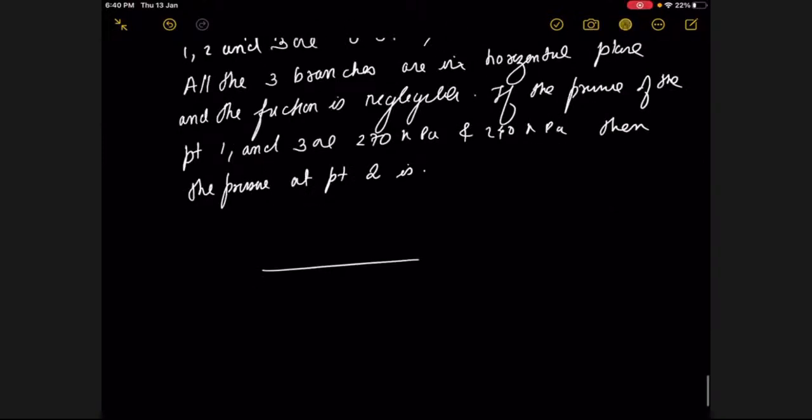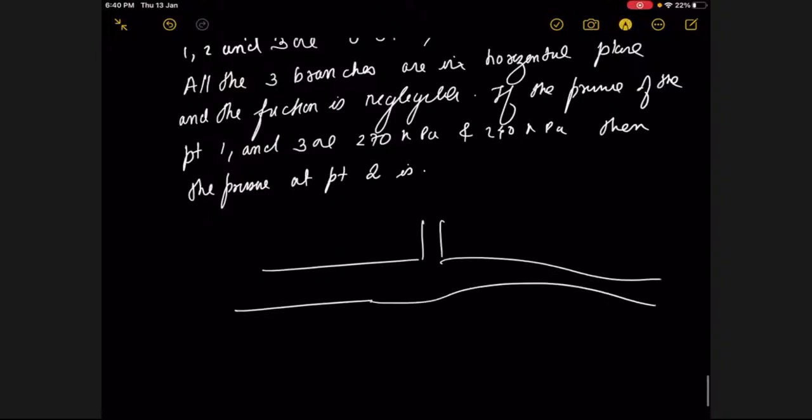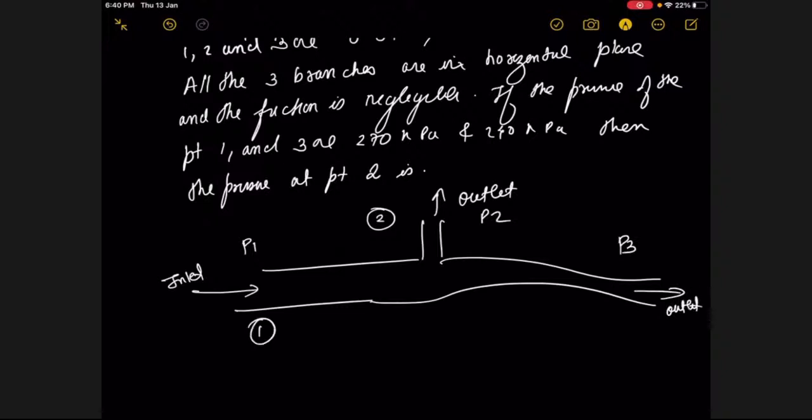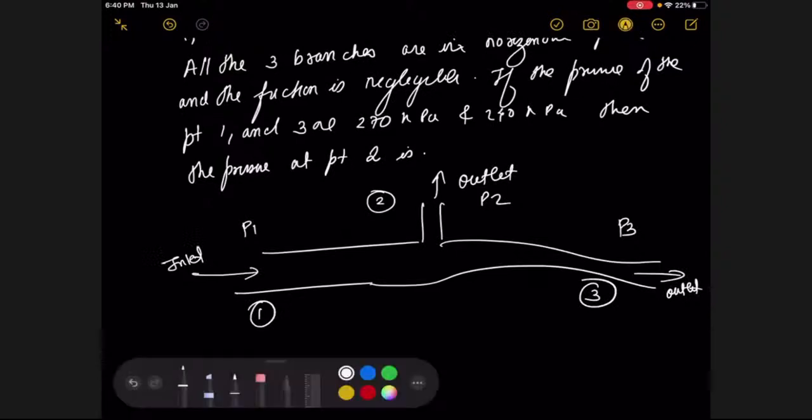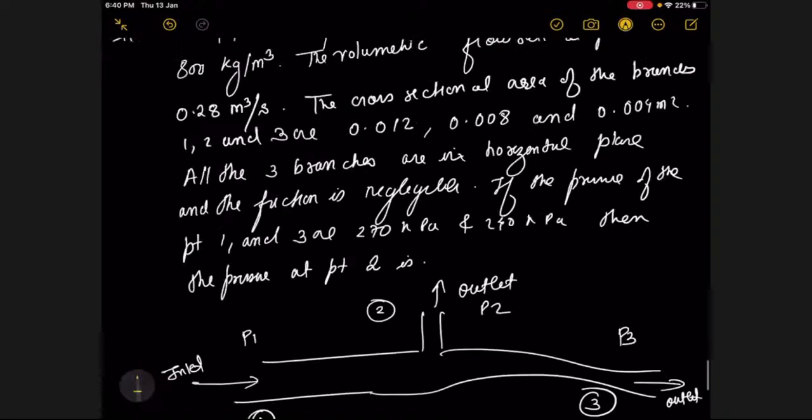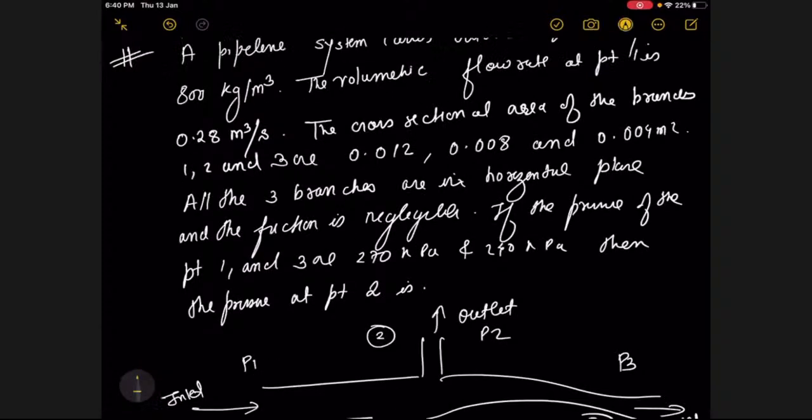So diagram is given. Inlet 1, outlet 2, and this is outlet 3. So try to solve this. So if you see, they have given the three cross-sectional areas. Okay, so try to apply the Bernoulli's equation here.